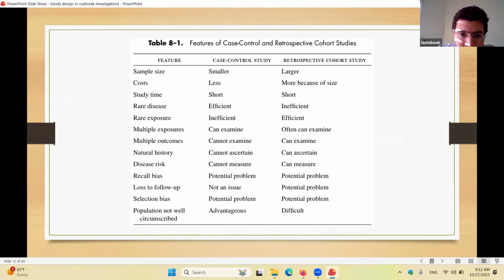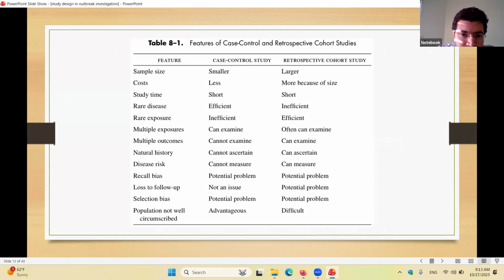So this is the beneficial point of retrospective cohort studies. For natural history, case control studies cannot ascertain, while retrospective cohort studies can ascertain.